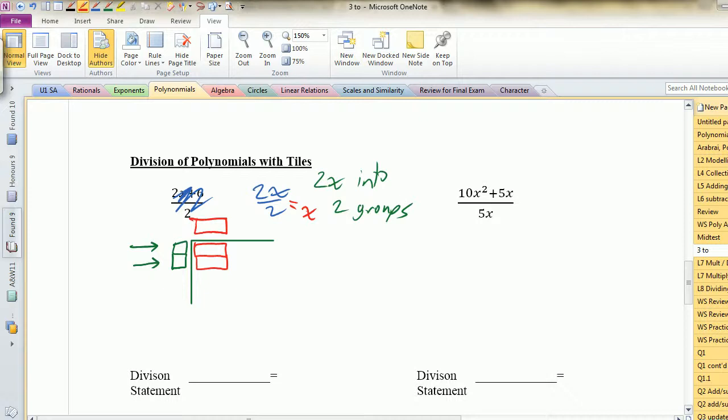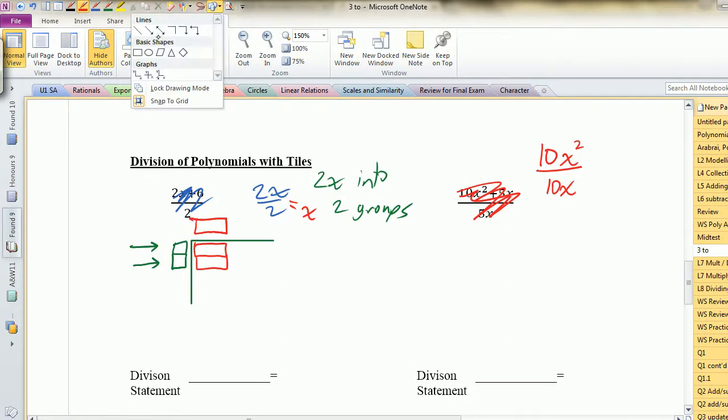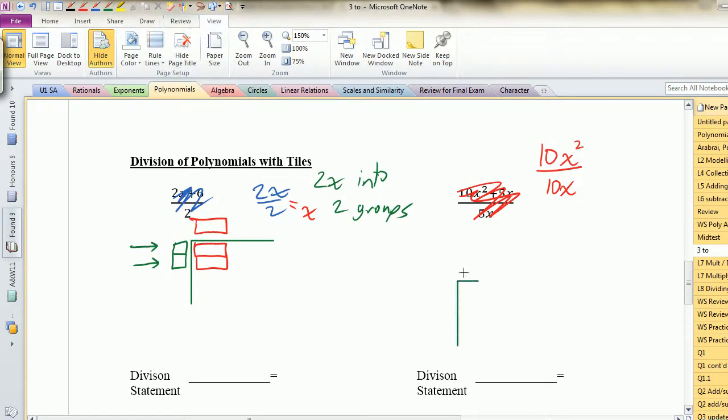So what we're going to do now is divide 10x squared by 10x. So we have our little upside down L. Somehow we have to arrange 10x squareds so that we're dividing it by 10x's.